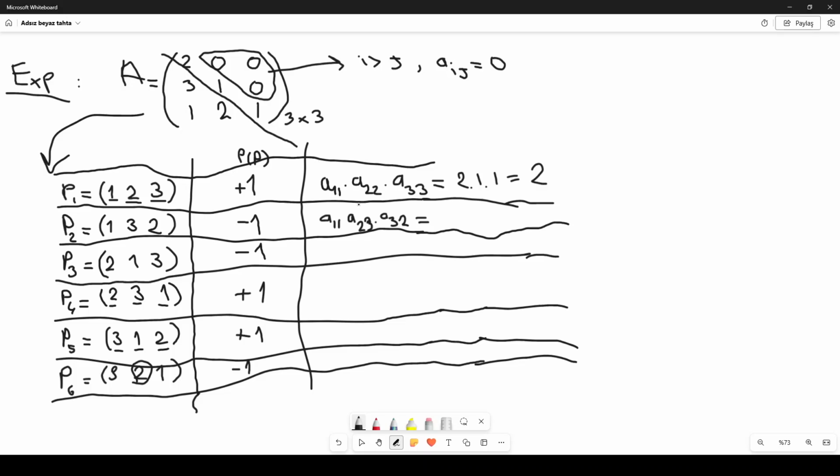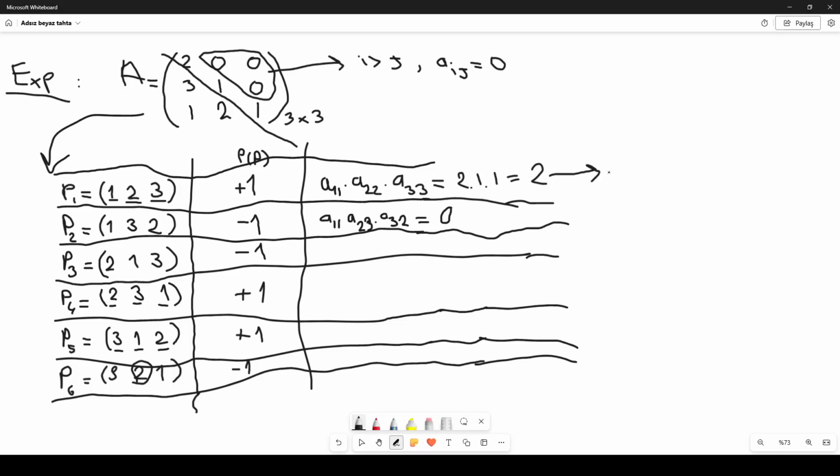The good thing is, if you notice, the A2,3 component of the matrix is equal to 0, right? When one of these values is equal to 0, I don't need to find the other values, because multiplying any real number by 0 will give me 0 again. So the multiplication is equal to 0 as well.